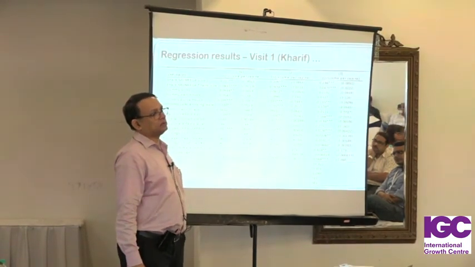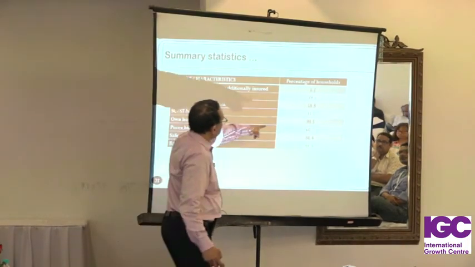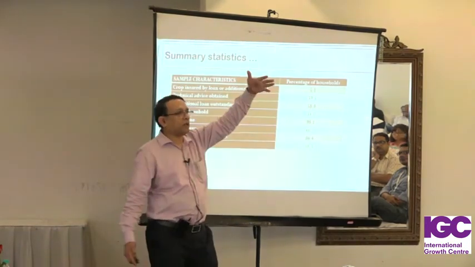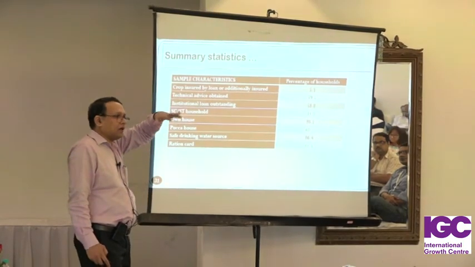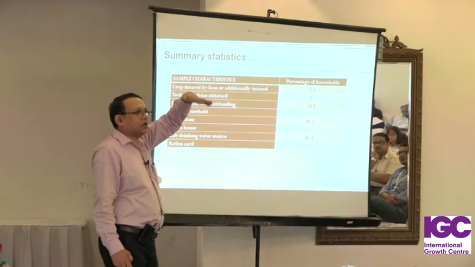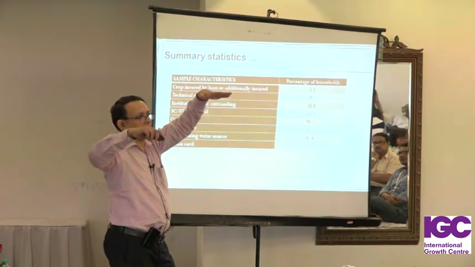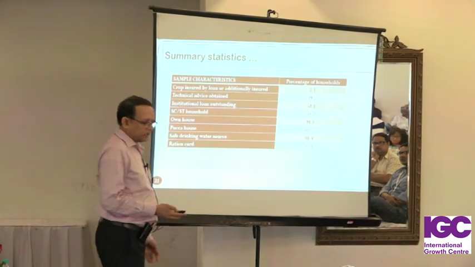Yes or no? Here you see 98% of them own their house, but only 61% have a Paka house. So Paka house means you can say that your wealth position is higher than a person without a Paka house. So there is a wealth effect, so we are controlling for that.